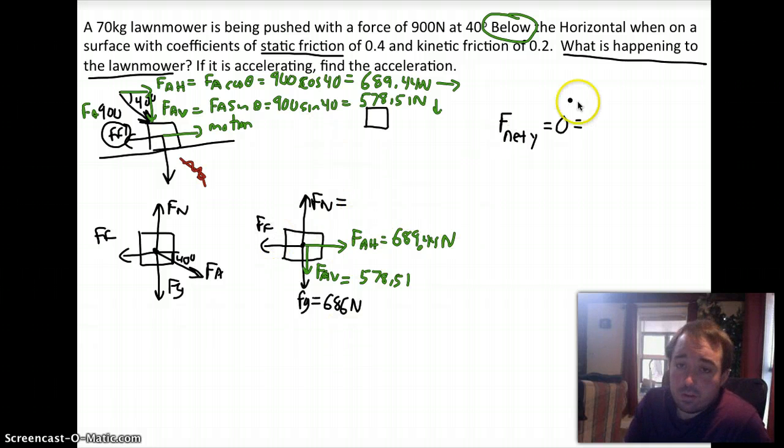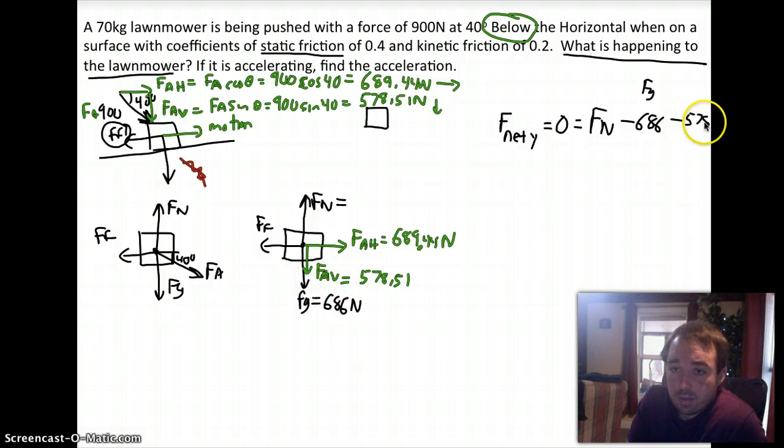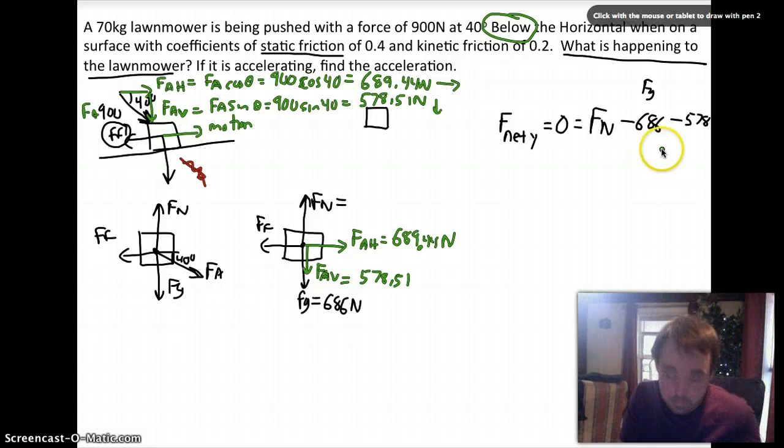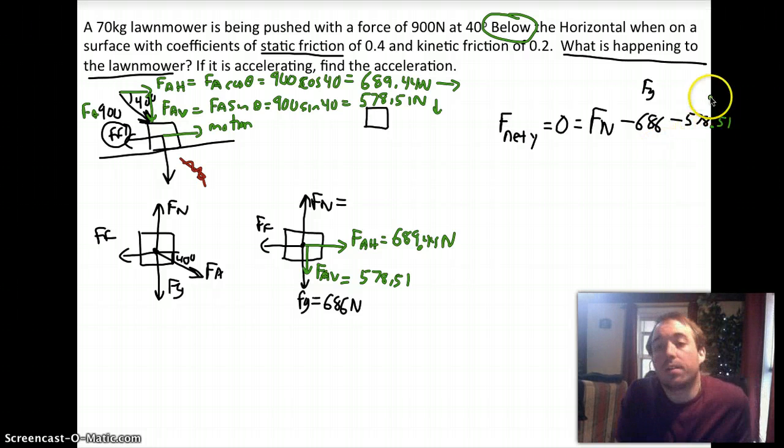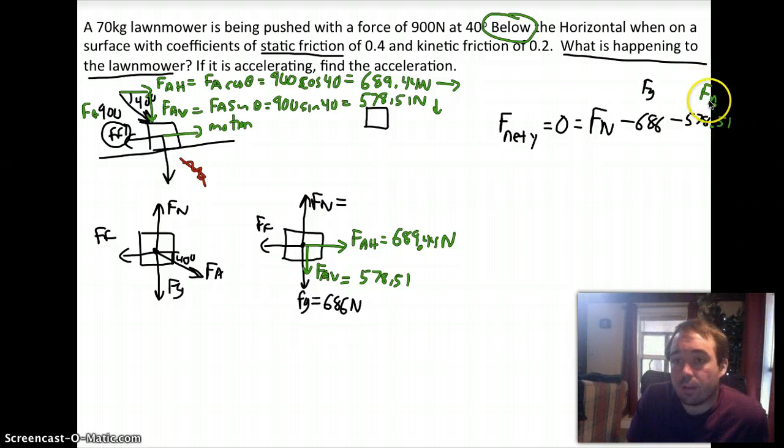So we have 3 vertical forces. We have our normal force, which is up, that's our positive direction, minus our 686 from gravity, our FG, minus our FAV, which is down, so minus 578.51.